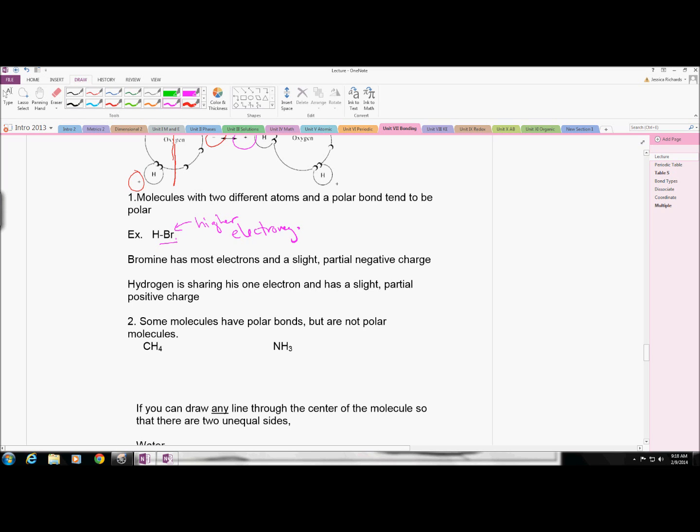So that means the electrons are going to be with bromine more often than they are with hydrogen. So when we split this in half, it's not symmetrical. The hydrogen side with the lower electronegativity is positive. The bromine side with the higher electronegativity is negative. If you were to put a whole bunch of hydrogen bromides together, the hydrogen side of one molecule is going to face the bromine side of another molecule, and they will cling together.